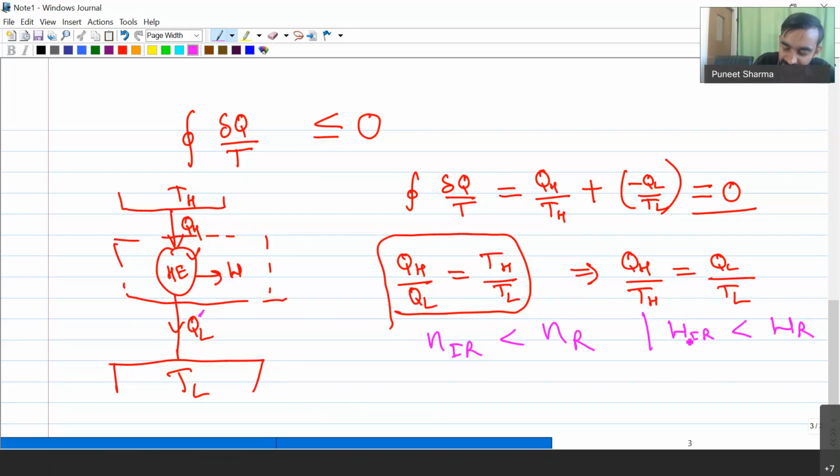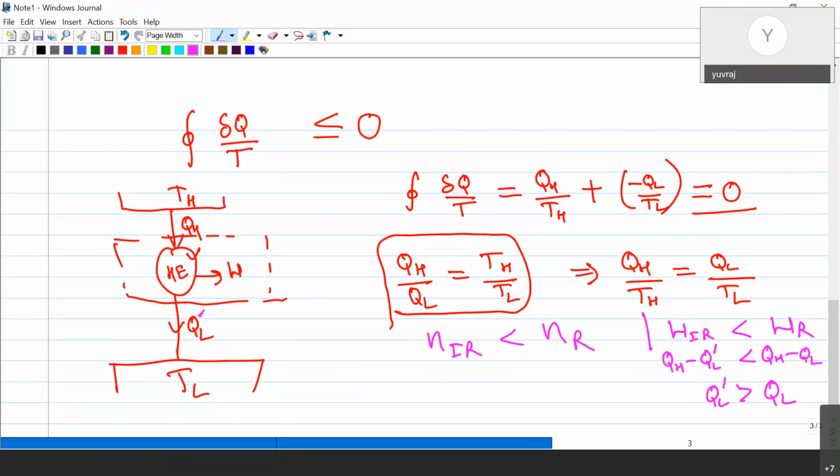So for the irreversible cycle, if I say QH minus QL dash are the corresponding heat interactions, this has to be less in comparison to QH minus QL. So this will be only true if Q dash L is greater than QL. Okay, this point is clear? Yes, sir.